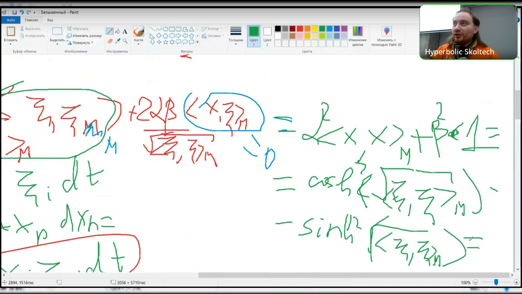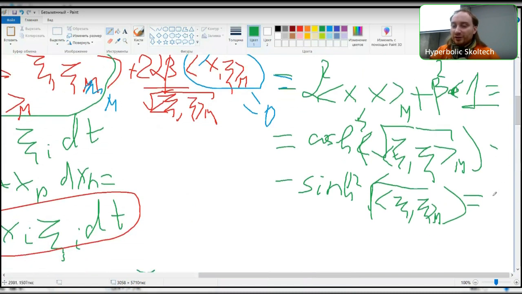And actually this is a fundamental hyperbolic trigonometric identity: hyperbolic cosine squared minus hyperbolic sine squared equals 1.